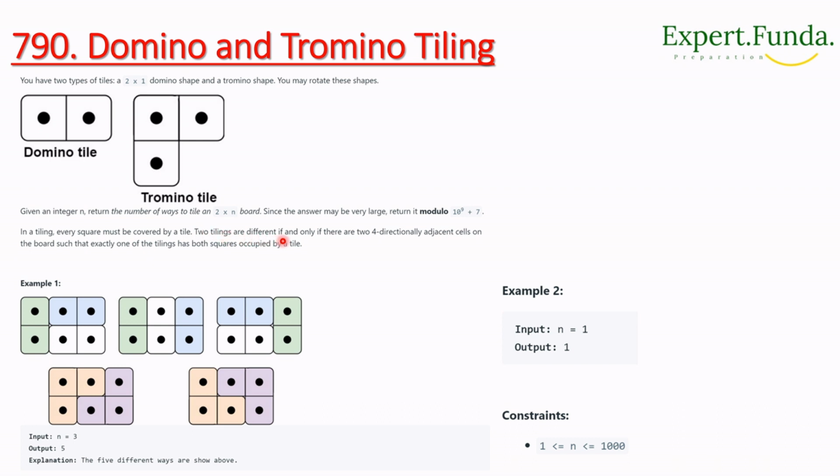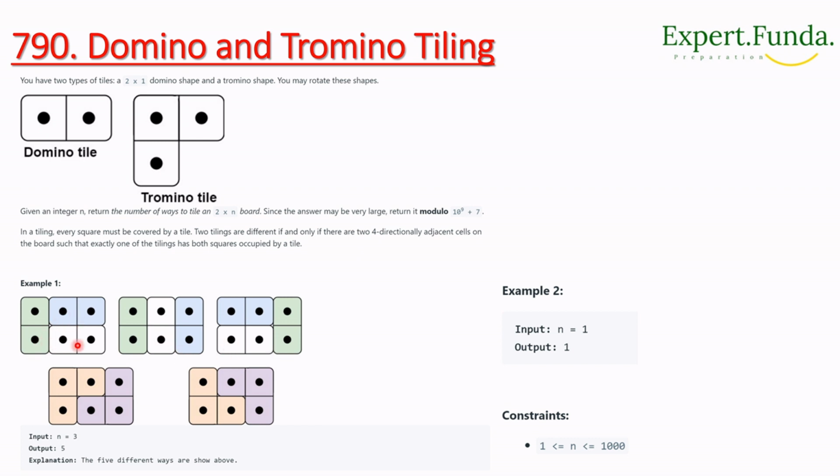Two tilings are different if and only if there are four directionally adjacent cells on the board, such that exactly one of the tilings has both squares occupied by tiles, like this side and this other side should be occupied.